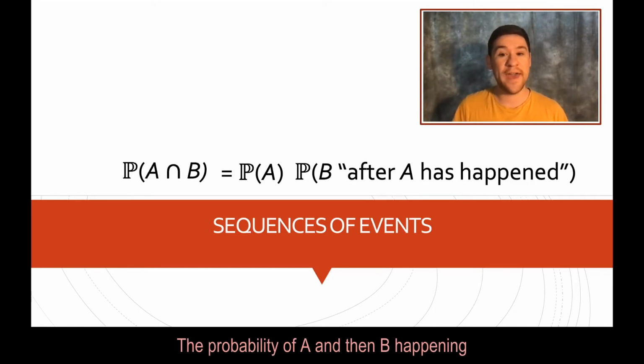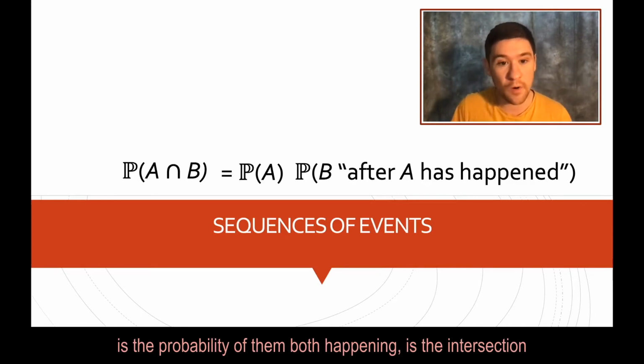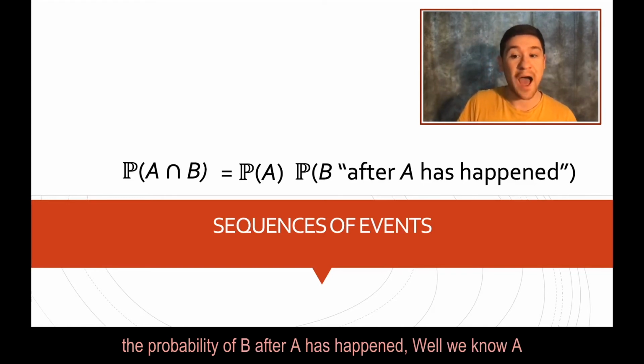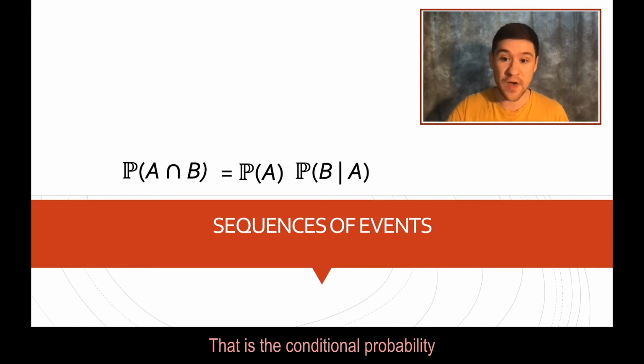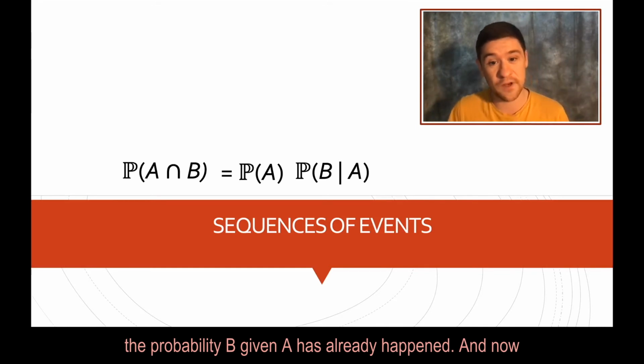The probability of A and then B happening is the probability of them both happening. It's the intersection. The probability of B after A has happened, well, we know A has already happened, so what is the probability of B? That is the conditional probability, the probability of B given A has already happened.